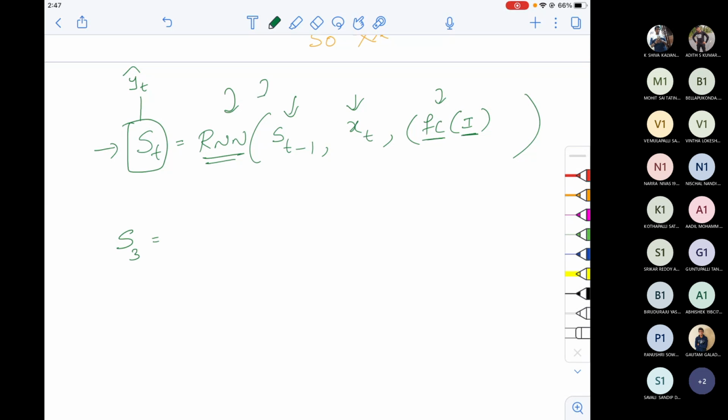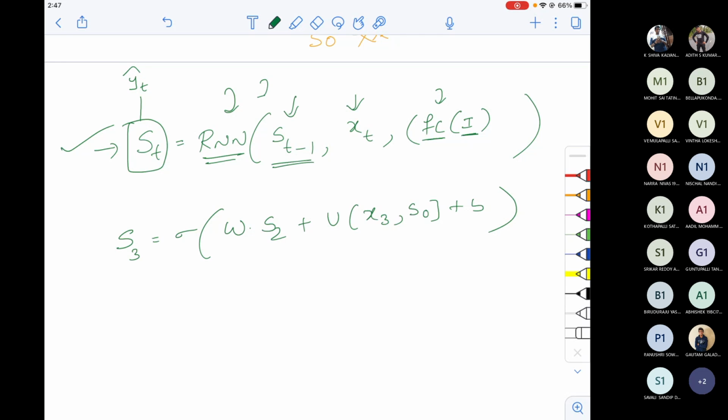But if I want to write the same equation in terms of weights, it will be sigma of W times S2, the previous state, plus U times (X3, S0), plus b. The same equation that I have written above, I'm just writing again, but now representing it in terms of weights.